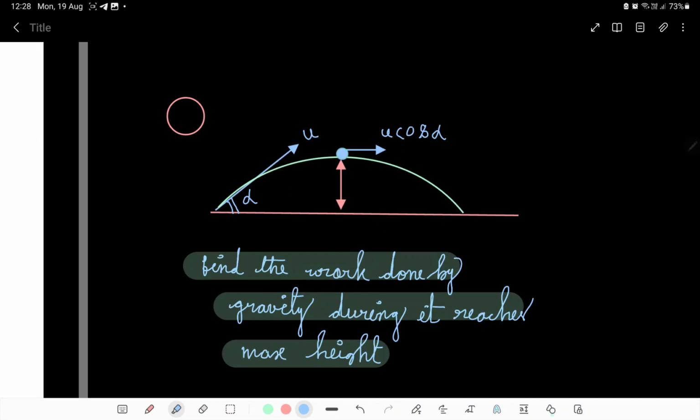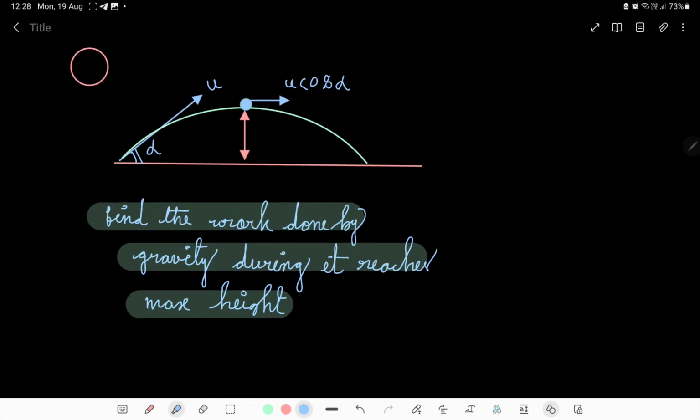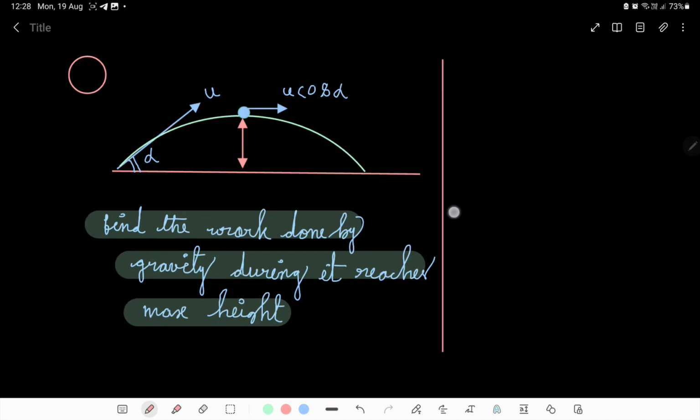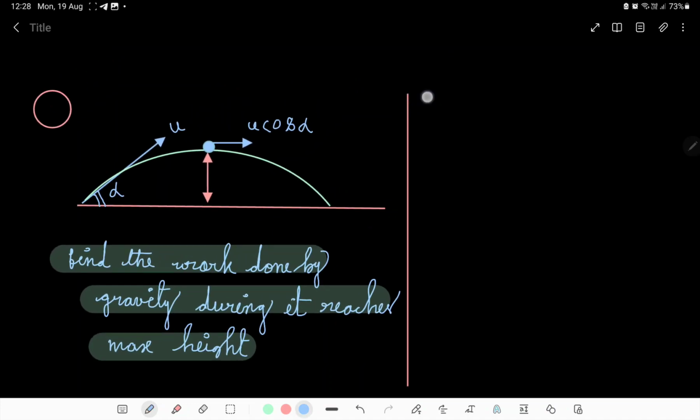Therefore I am using this work energy theorem here to solve this problem. So, simple logic. The logic number 1 is: work done by all the forces will be equal to change in kinetic energy, right?